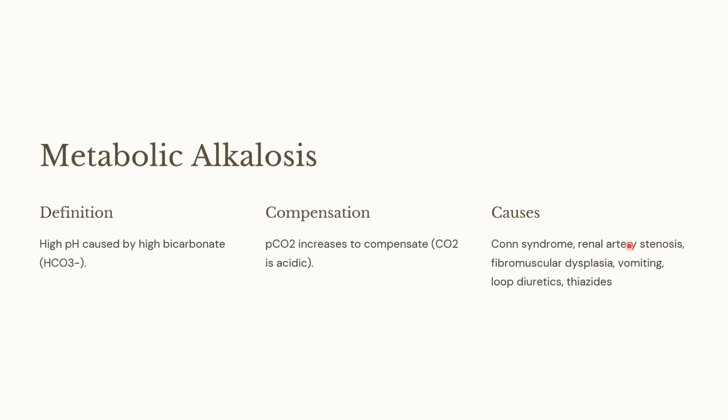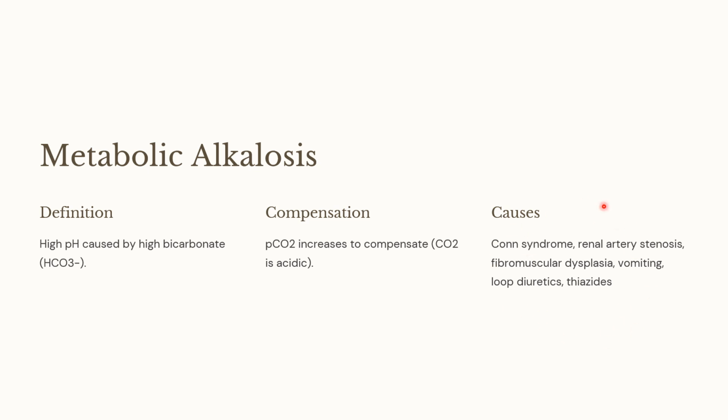In vomiting, loop diuretics and thiazides, there is decreased fluid volume. And in renal artery stenosis, because the renal artery is stenosed, there is not adequate blood supply to the kidneys, and because of that, the body assumes that the whole body is suffering from water deficiency. Therefore, it will start reabsorbing more sodium. Fibromuscular dysplasia is similar to renal artery stenosis, where there is a defect in the renal vessel, and thereby the kidneys falsely assume that there is a water deficit throughout the body, and again start retaining water.